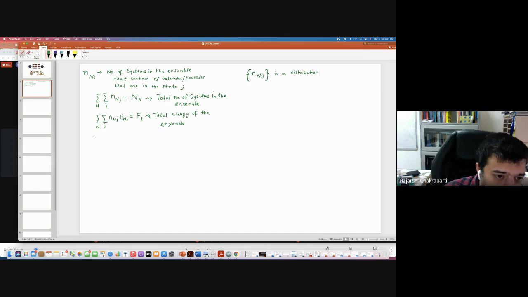And then this is very important, this is another constraint which you did not have there, but if I do the sum of n_{N,j} times N, this will be what? Look at it very carefully.